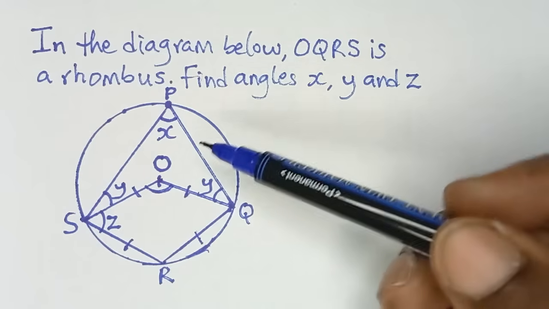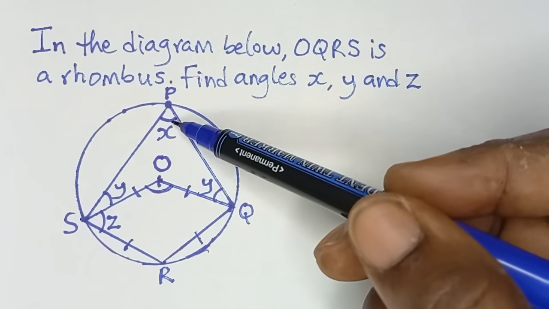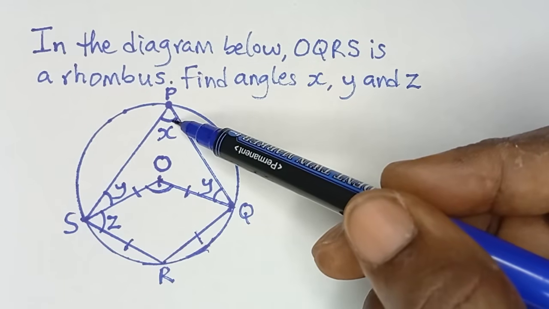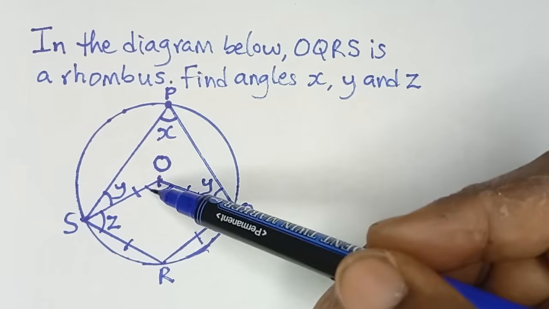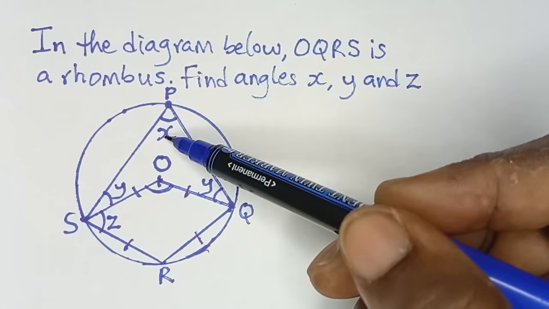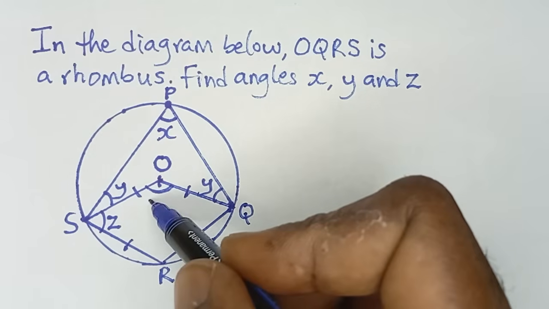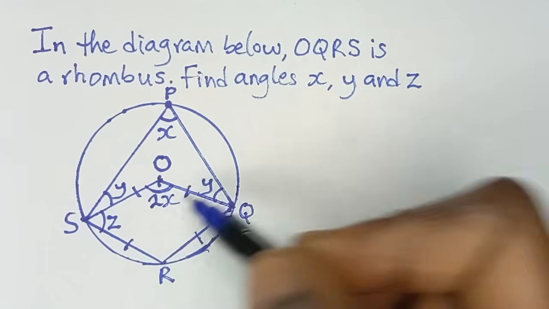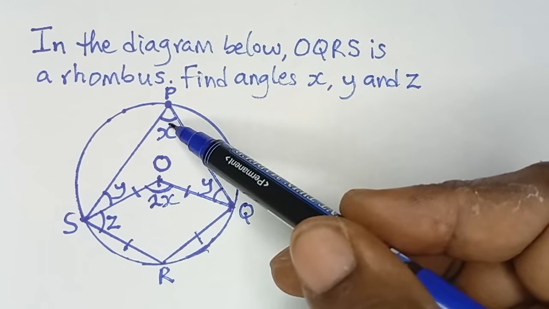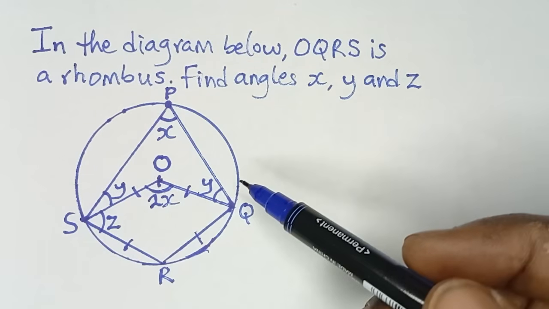The theorem says that the angle at the center is twice that at the circumference. So twice x will be 2x.